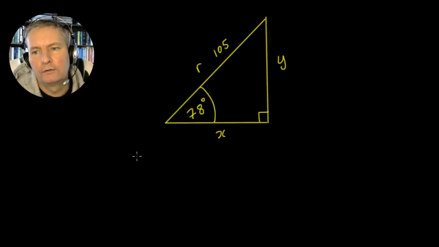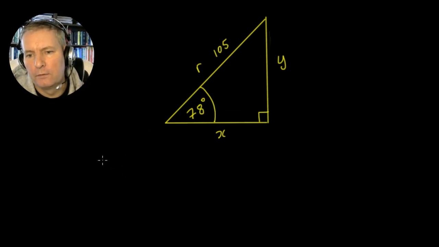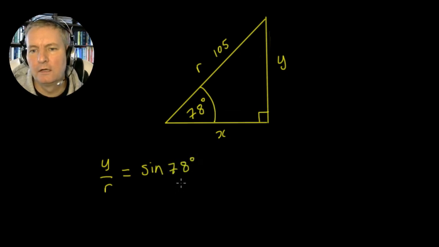We know from our trigonometry that the ratio y upon r is going to equal the sine of 78 degrees, and we can get this ratio y upon r from our calculator.